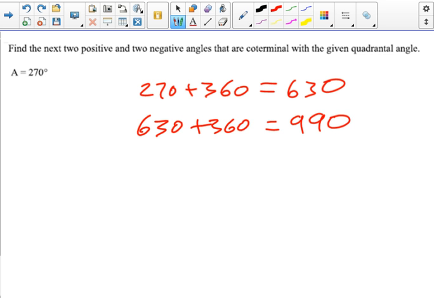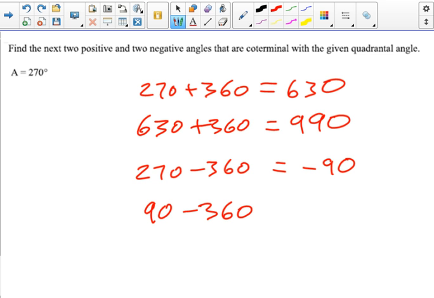And then the next 2 negative are going to be 270 minus 360, which is going to be 7 from 16 is 9. And that should be negative 90 degrees, I believe, right? Yep. And then after that, I'm going to go negative 90 minus 360 again. So here we're going to get negative 450, I believe.